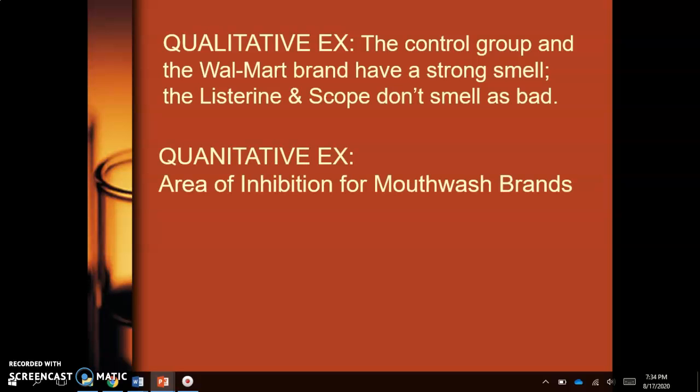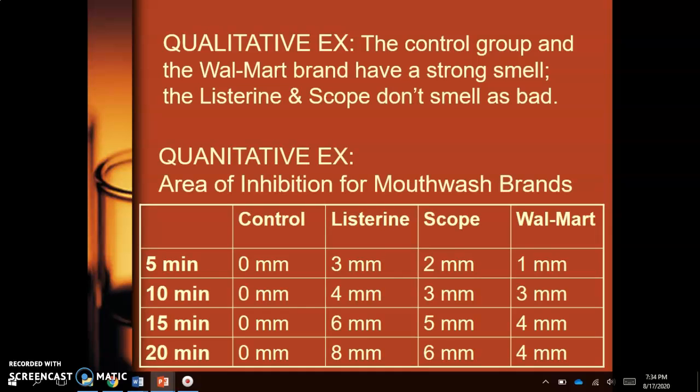And then the quantitative example, this example here is called an area of inhibition. That just basically means the area where bacteria is not growing on the Petri dish. So if we look, we've got our control, our Listerine, our Scope, and our Walmart brand.